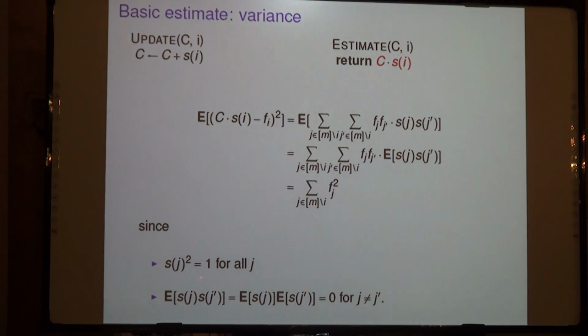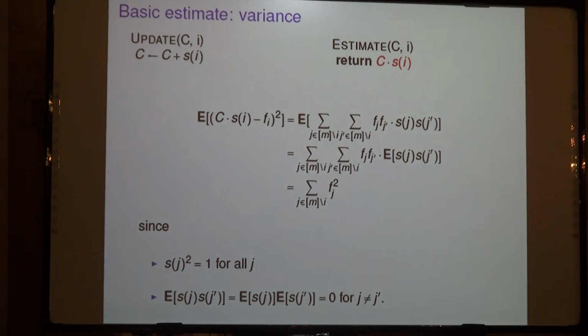Well, as before, in this double summation, if j equals j prime, then we get fj squared times the expectation of sj times sj, but sj squared is 1 for all j. So this is just a constant. On the other hand, if j is different from j prime, then the expectation of the product of the signs is 0 as before.